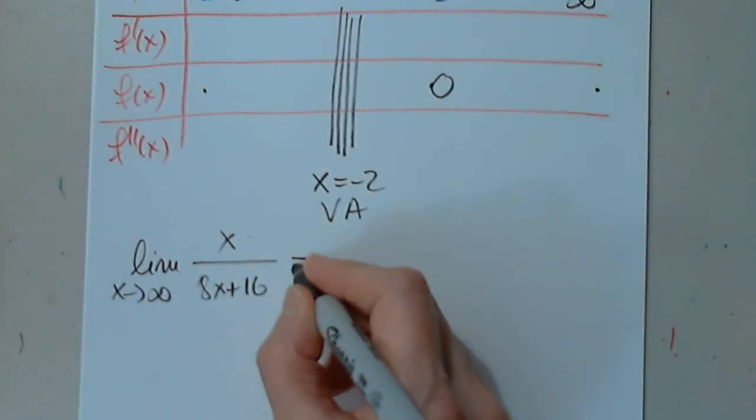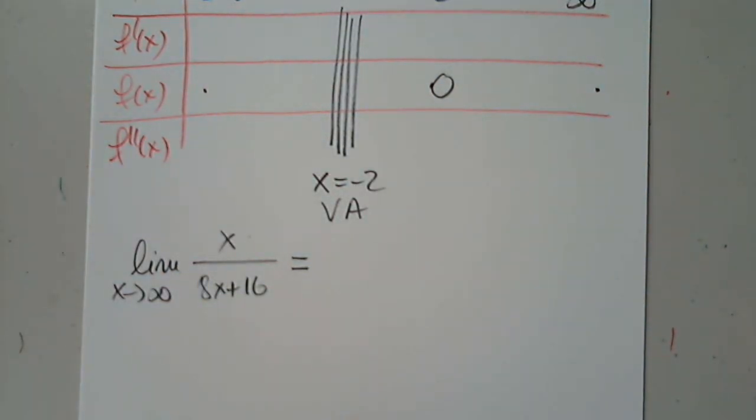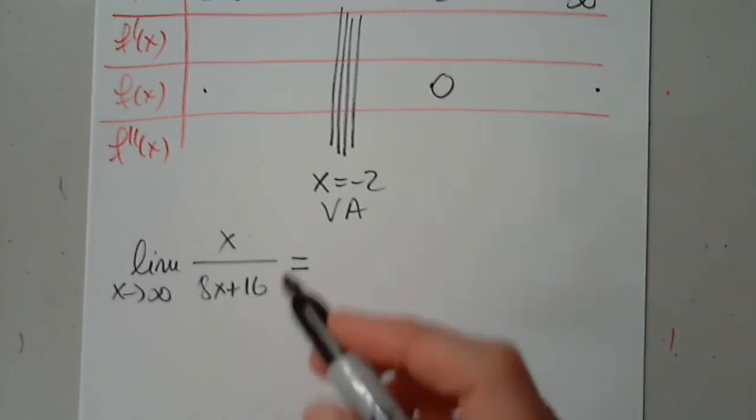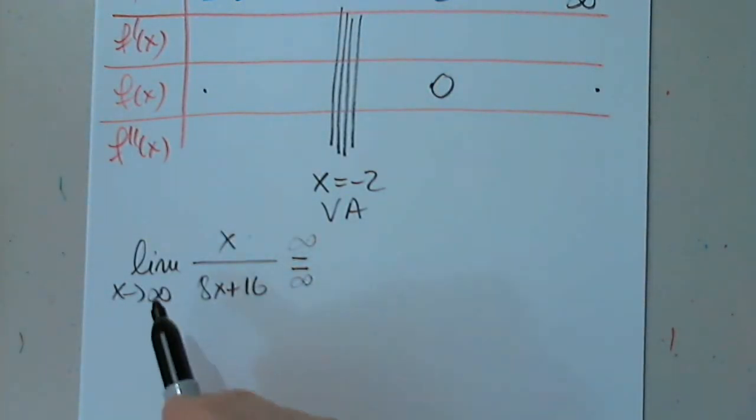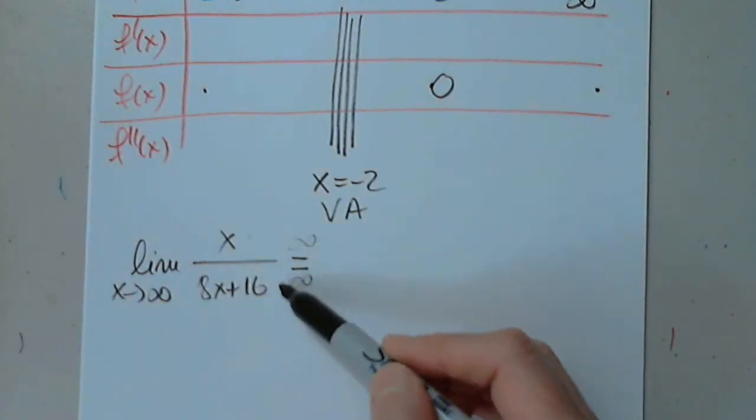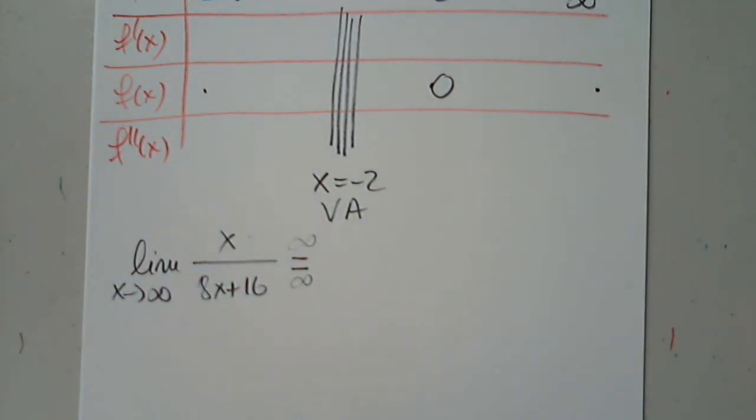Where is the numerator going and where is the denominator going? They both go to infinity. Excellent. What do we do when we have a situation like this, when x approaches infinity and both top and bottom go to infinity? What do we do?